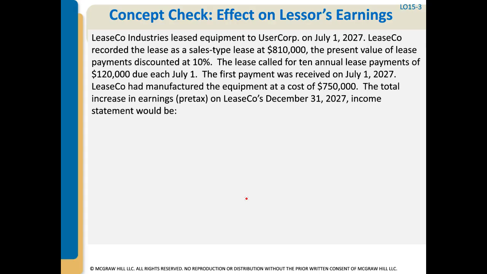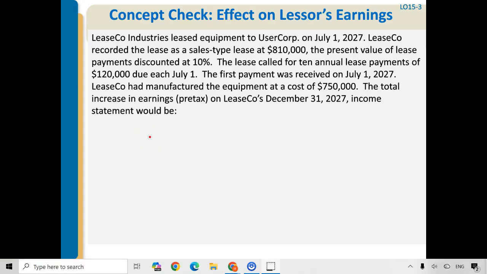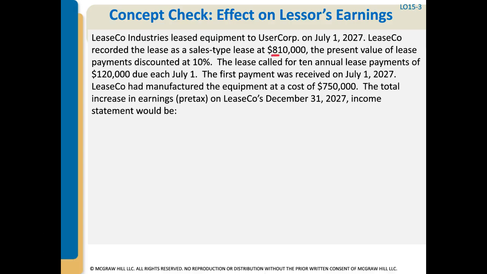Let's do a concept check. Leaseco Industries leased equipment to User Corp on July 1, 2027. Leaseco recorded this lease as a sales type lease at $810,000, the present value of lease payments discounted at 10%. The lease called for 10 annual lease payments of $120,000, each due July 1.